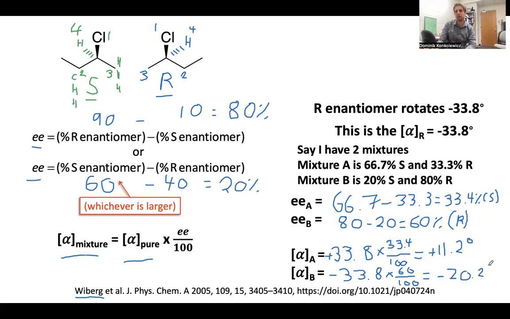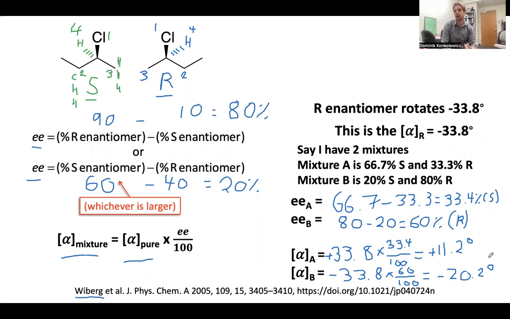So what this is telling us is mixture A does rotate positive, because we have the S enantiomer in excess, but doesn't rotate all the way that the S enantiomer would, which would be 33.8 degrees. Instead, it rotates 11.2 degrees, or about a third of that, because we have an enantiomeric excess of about a third.